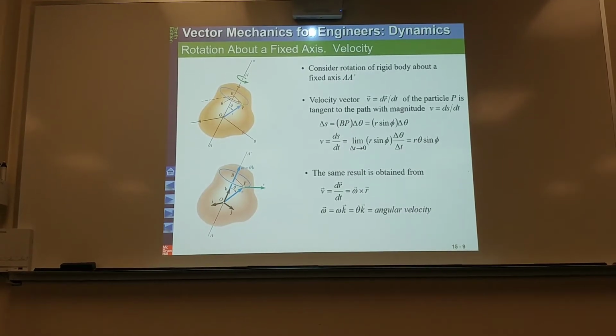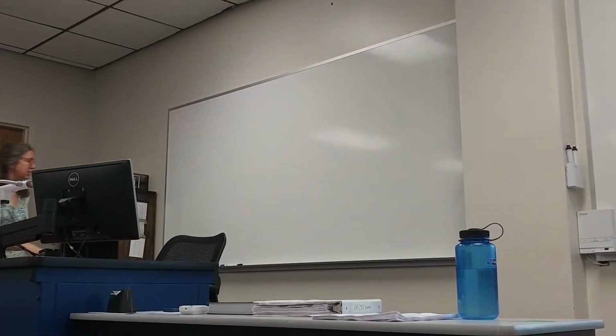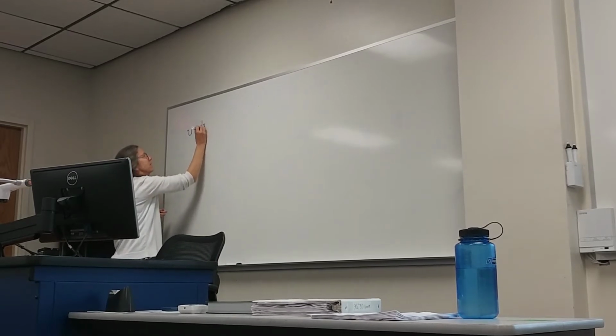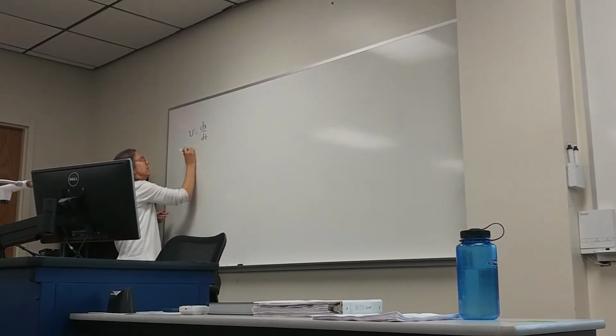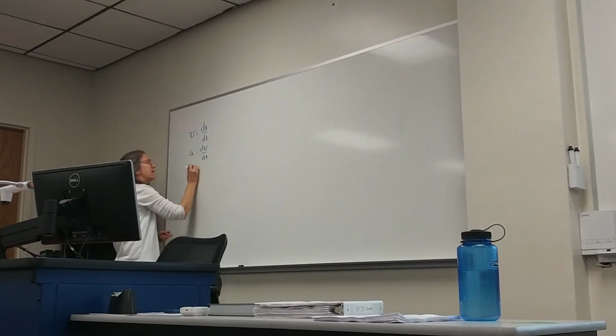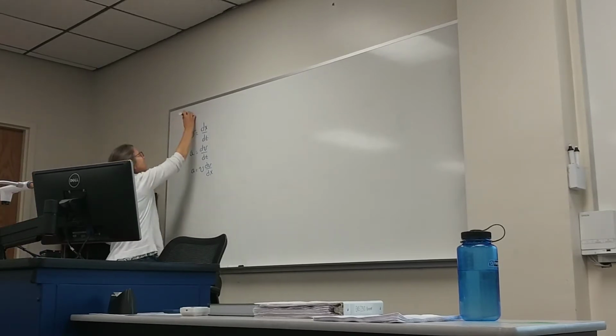So right now in 1510, in the linear direction, we have relationships between velocity and acceleration. Those. So when we have things in pure rotation only, so this is rectilinear motion.